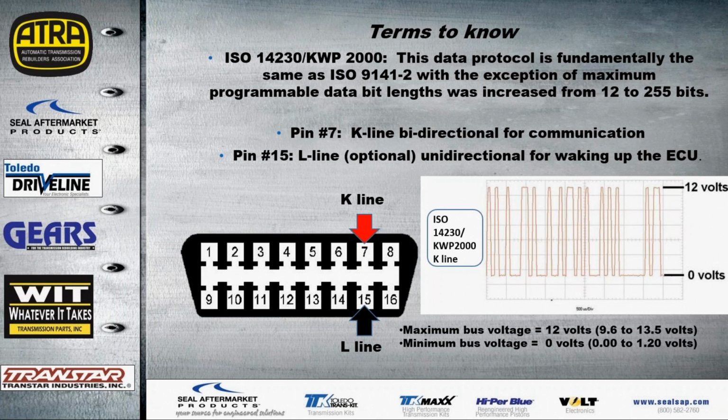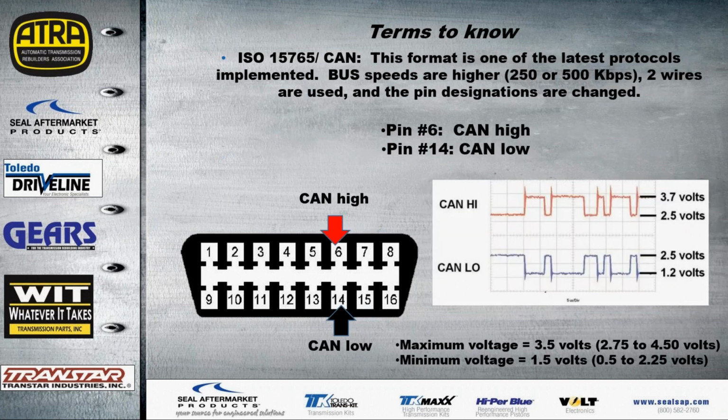We have an increase from 12 to 255 bits per command. So we've pretty much gone to an order of hundreds. So this system is extremely fast. It's more sensitive to noise as well. Again, ground is going to be very critical in ensuring that we have a solid ground for a successful programming event.